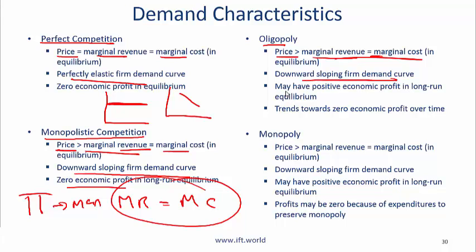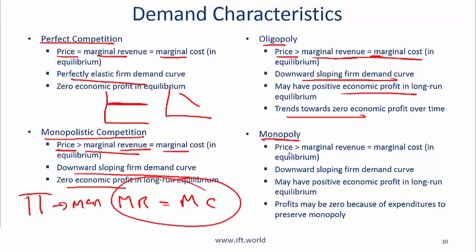Demand curve is downward sloping, may have positive economic profit in the long run. So with perfect competition and monopolistic competition, we do not have positive economic profit in the long run. With oligopoly, we can, but it would still most probably tend towards zero economic profit.